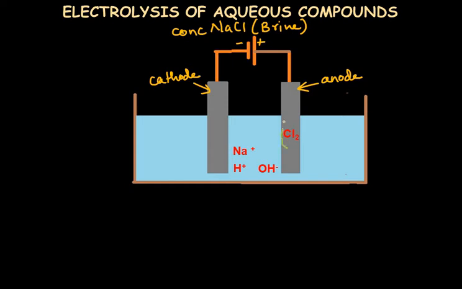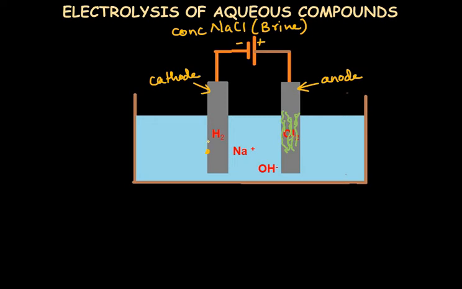This might be visible as very faded green colored fumes at the anode. So one observation at the anode is the formation of a faded green color, the color of chlorine gas. At the cathode, hydrogen ions will accept electrons from the negative terminal of the battery and form hydrogen gas.